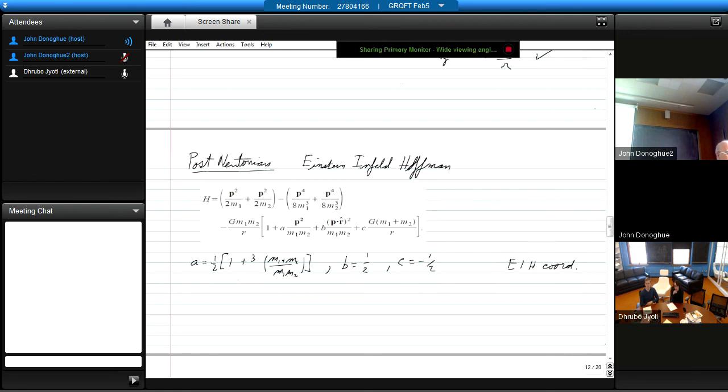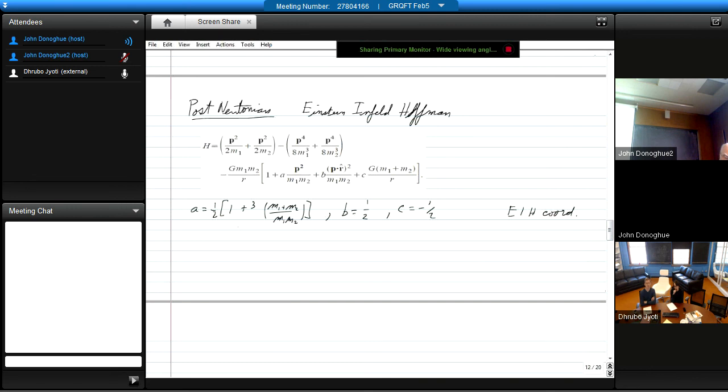Okay, but here's the funny thing. We remember we've decided that we're going to let our coordinates be completely arbitrary, by doing the general coordinate transformation. So I should be able to do a coordinate transformation on this.